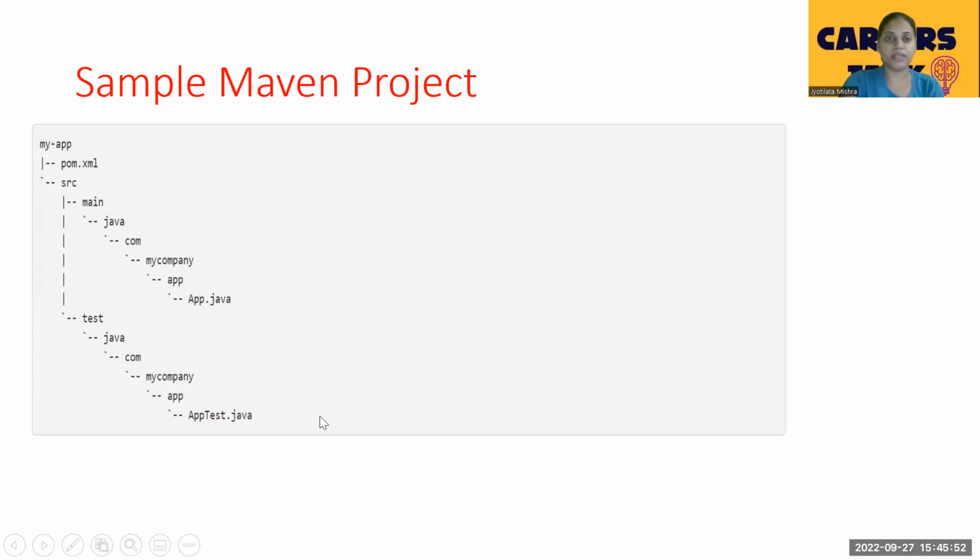Let me show you some sample libraries, or how you actually add the dependencies. A very important file in Maven, as Maven follows the project object model, is the pom.xml. Whenever you create a Maven project, you'll see this gets generated.